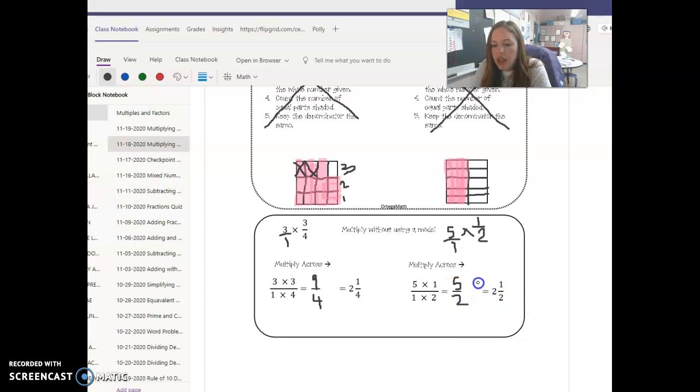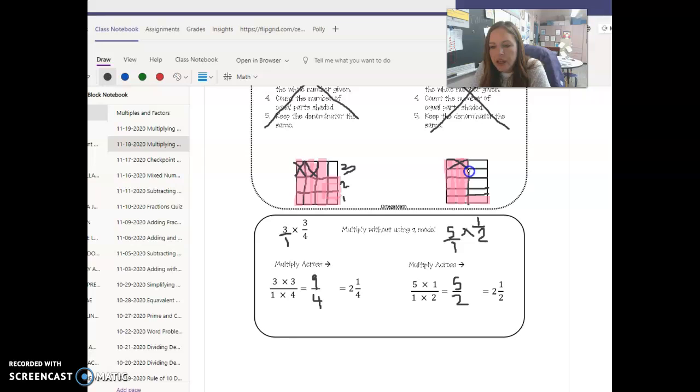And we know that we need to turn it into a mixed number. So let's do what we did over here and bring a half on top down to the bottom to create a whole. So we're going to X out the top one and bring it down here to create 1 whole.